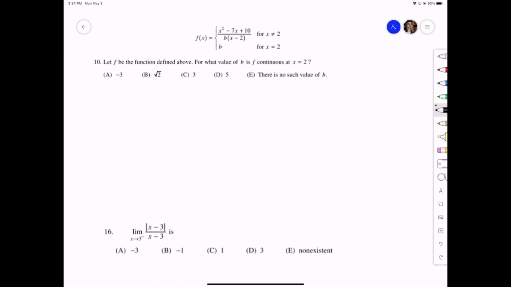Okay, this one. Let f be the function defined above. For what value of b is f continuous at x equals 2? Okay, so first let's find the limit as x approaches 2 from the left and the right. From the left, you can find the limit by factoring. So x minus 5 over b.